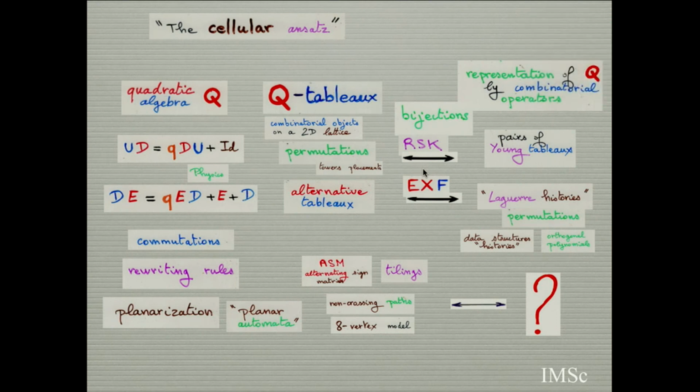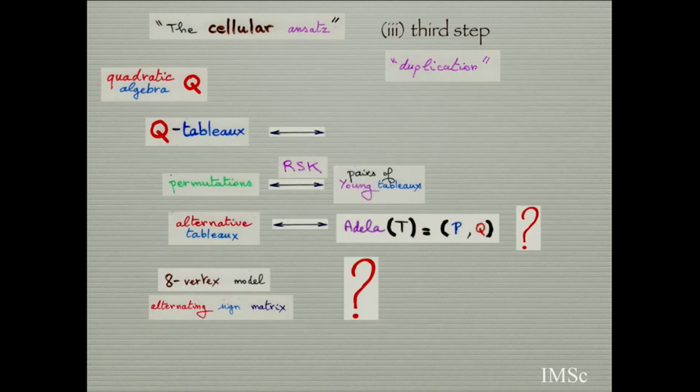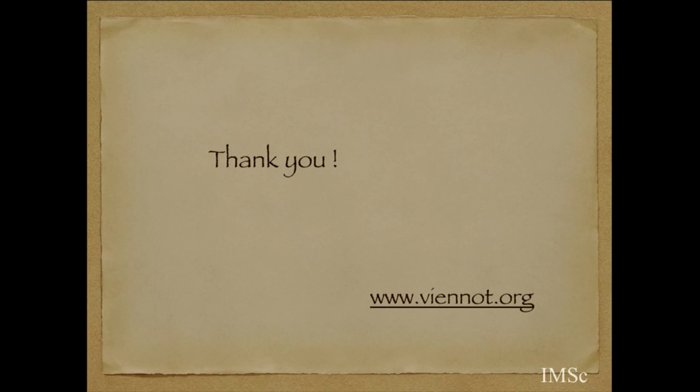A tableau is something on a square lattice with some label in the cell. And then from this quadratic algebra, find a representation in combinatorics to find some bijection, analogous to RSK, analogous to this bijection relative to tableaux, and go to new open problems. And this will be the philosophy of the class. Okay, thank you.